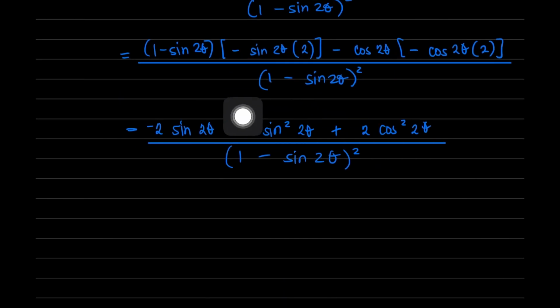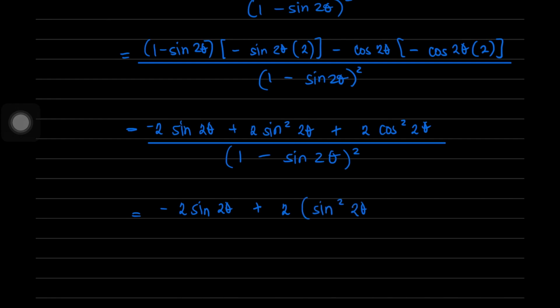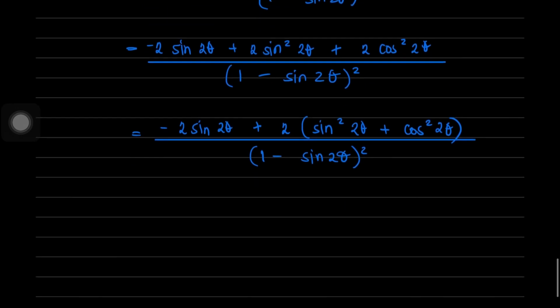Now, in the numerator, since we can factor out 2 in here, we'll be having negative 2 sine 2 theta plus 2 multiplied by sine squared 2 theta plus cosine squared 2 theta, all over 1 minus sine of 2 theta raised to 2.